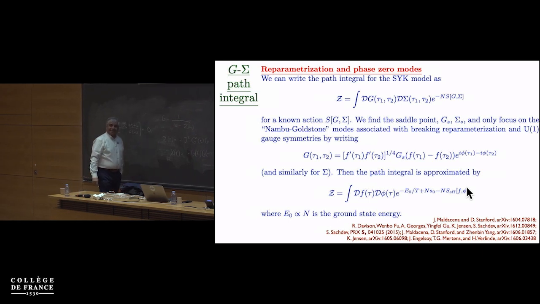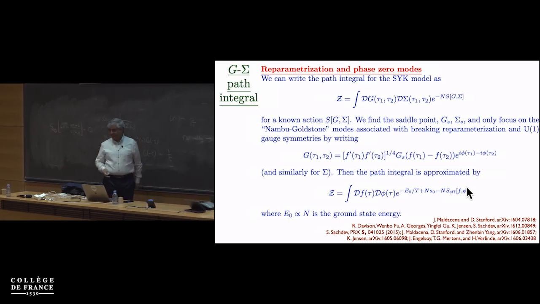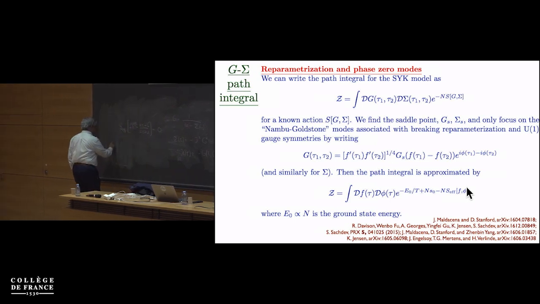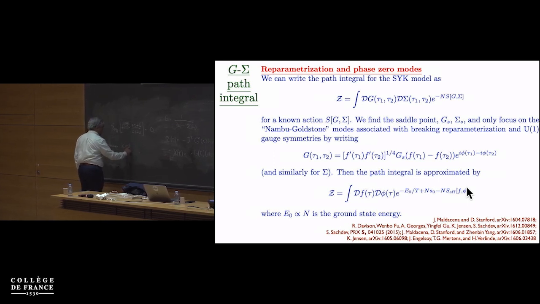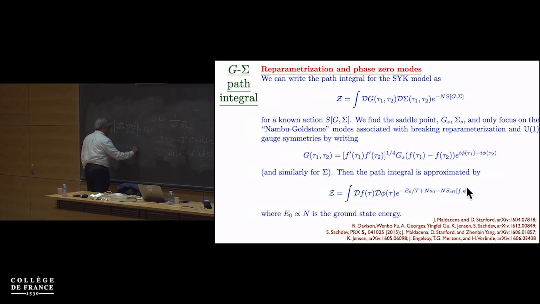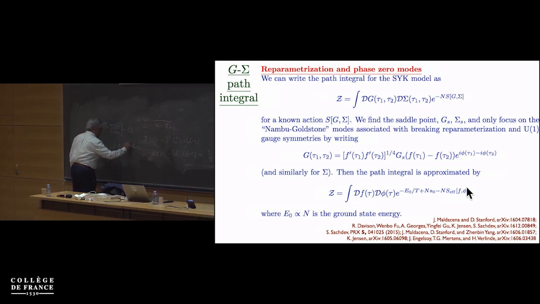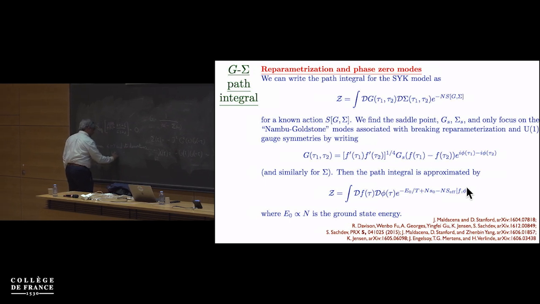And there has to be some function of derivatives of f of tau. So it should be an expansion in epsilon of tau and its derivatives, where f of tau is tau plus epsilon of tau.